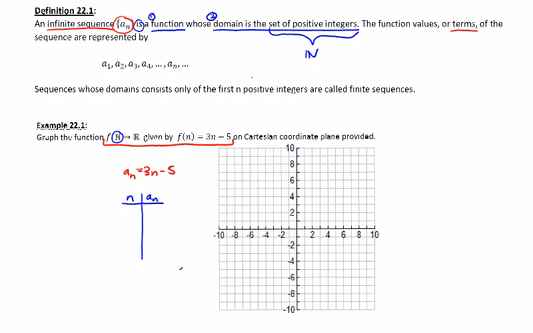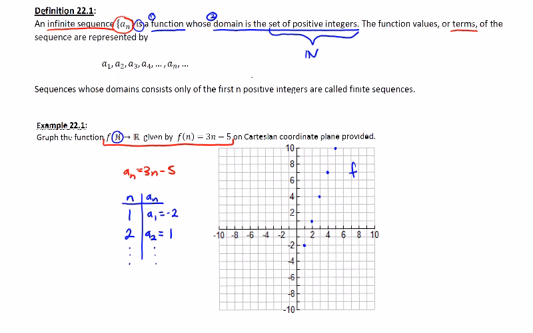So when I plug in a 1, that means the answer that I'm calculating is the a1 answer, which we know when we calculated it, a1 was -2. And then if I plug in a 2 for n, that means that a2 is going to be equal to +1. And this is plugging directly into the equation an equals 3n minus 5. So that would continue on as long as we have natural numbers to plug in. So it's just a different way of notating it, but it is still going to be recycling a lot of the same concepts that we've had all semester long.